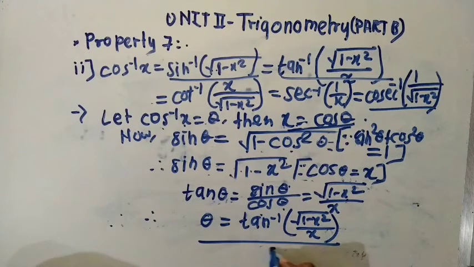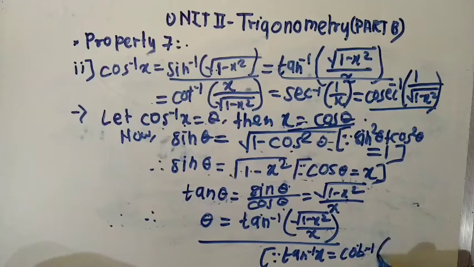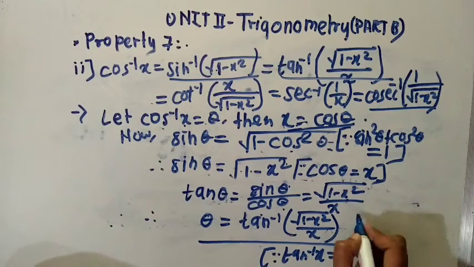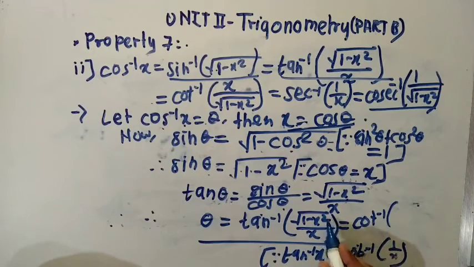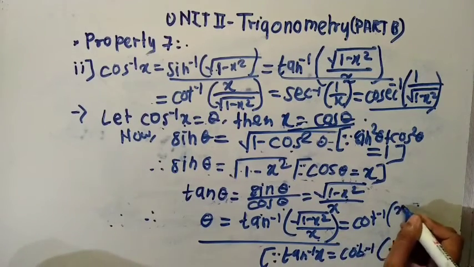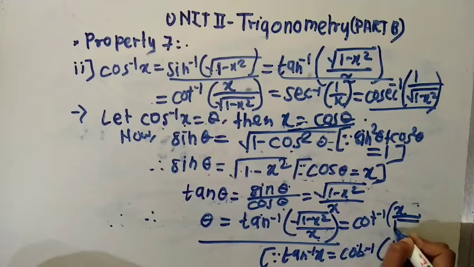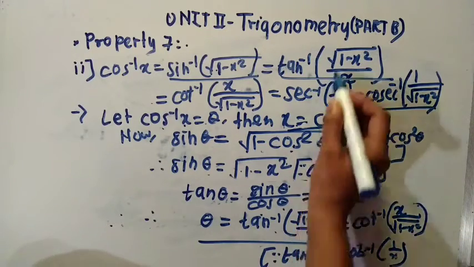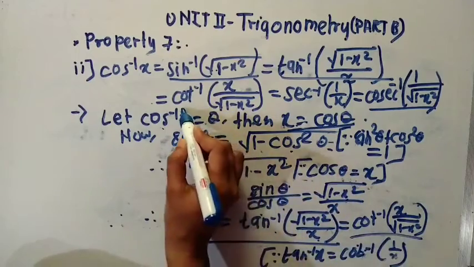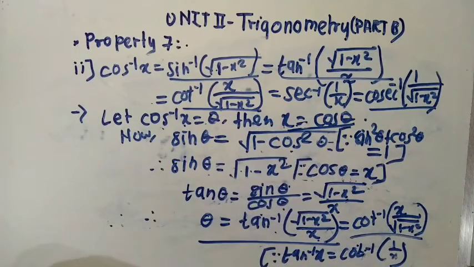But since tan inverse of x is equal to cot inverse of 1 upon x, hence it is equal to cot inverse of x upon root 1 minus x square. Hence this property is proved.